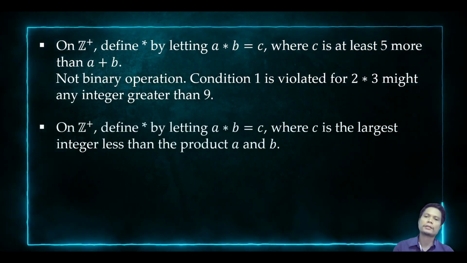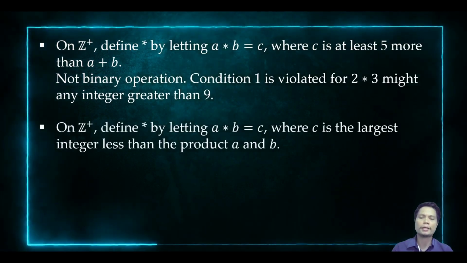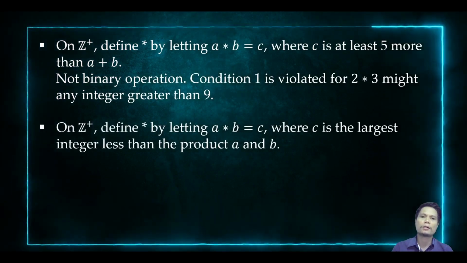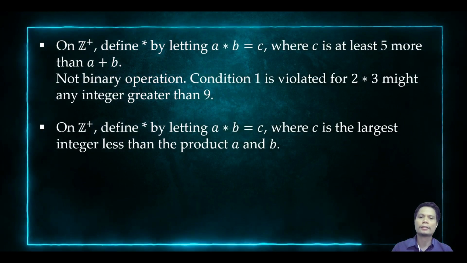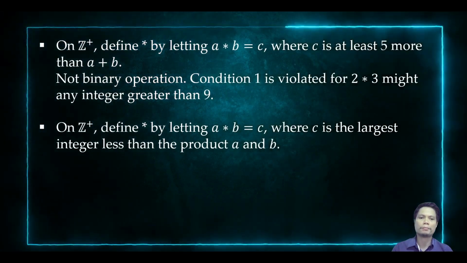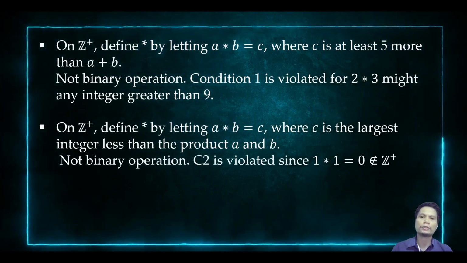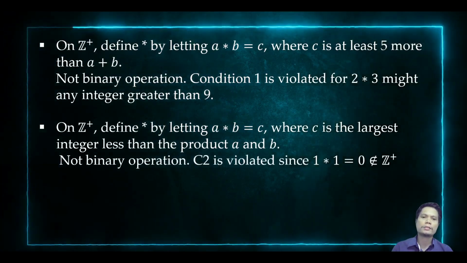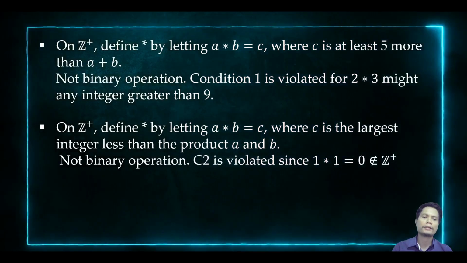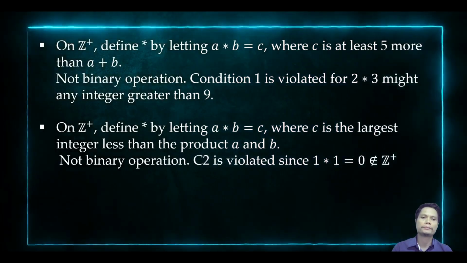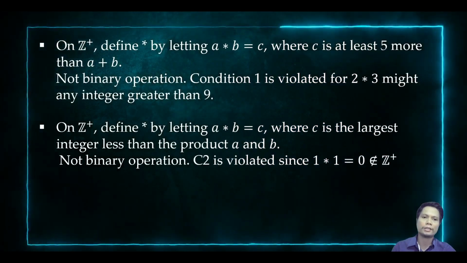On the set of positive integers, define binary operation by letting a binary operation b is equal to c, where c is the largest integer less than the product of a and b. Not a binary operation. Condition 2 is violated since 1 binary operation 1 is equal to 0, and 0 is not an element of positive integers.